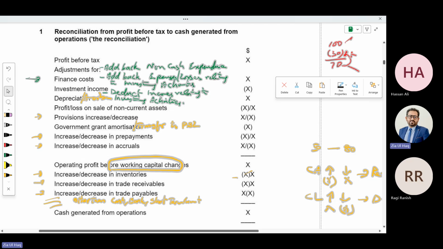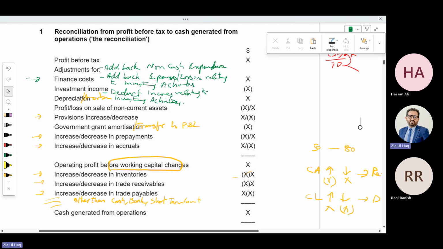I'm saying current asset increase, so we deduct, and current asset decrease, we add. So that means it's a reversal. Liability increase, we add, decrease, we deduct. But what is written in that column? This one is reversal. And answer would be the direct. Yeah, direct. Increase we always add, decrease we always deduct.